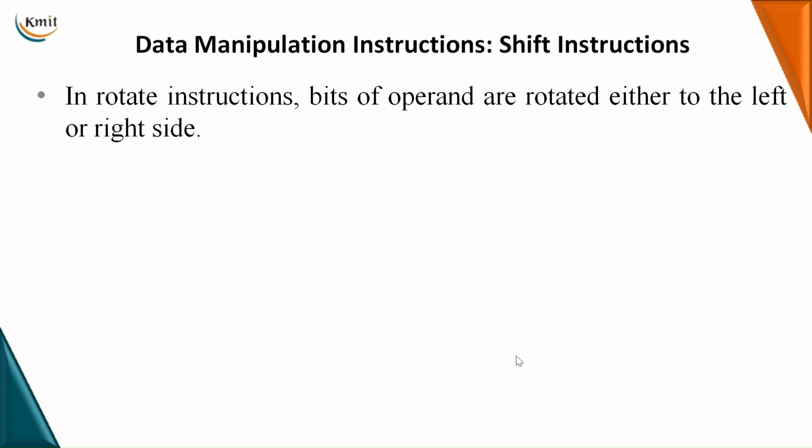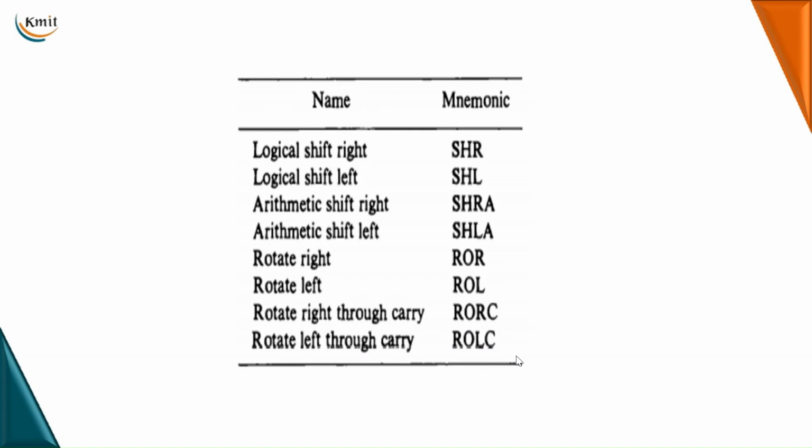Going into detail about the different types of shift operations, this table gives you the different types of shifts. The first two are logical shifts, the next two are the arithmetic shifts, and the last four are the rotate operations. In case of a logical shift, we have logical shift right and logical shift left. In case of arithmetic shift, we have arithmetic shift right and arithmetic shift left.